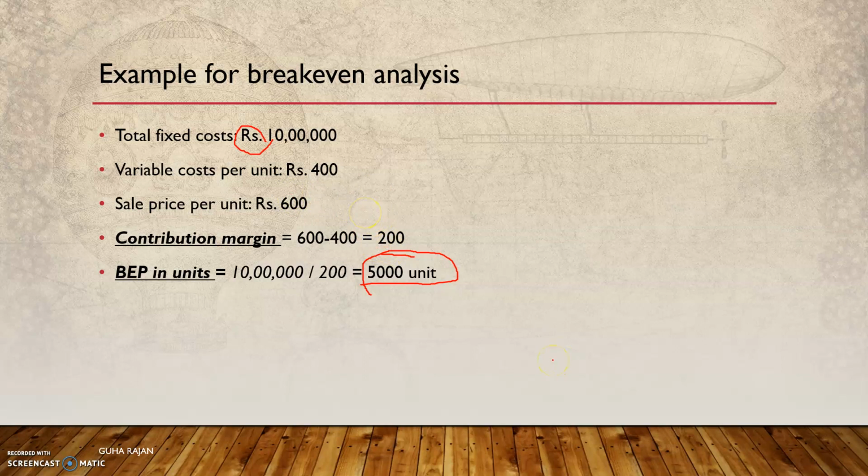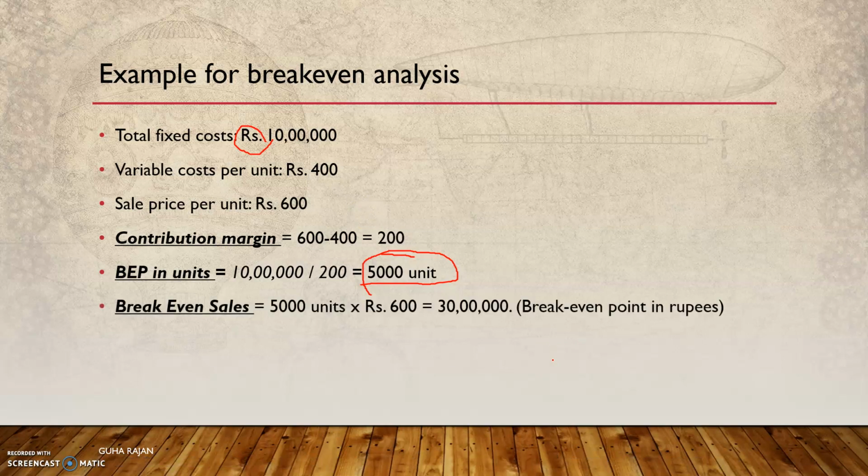So 5,000 is the unit count, and the selling value is into 600. So this is the total sales value that should happen in revenue terms. It is about 3 mil to have a break even.